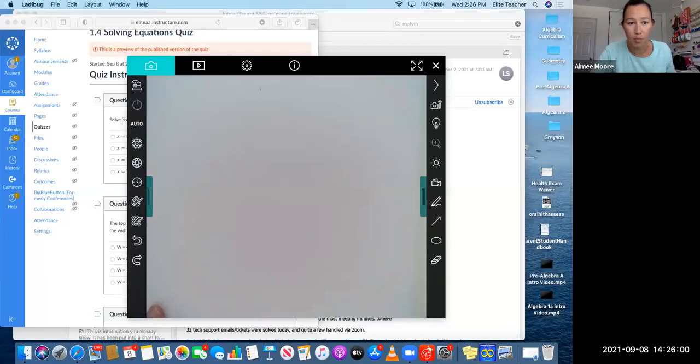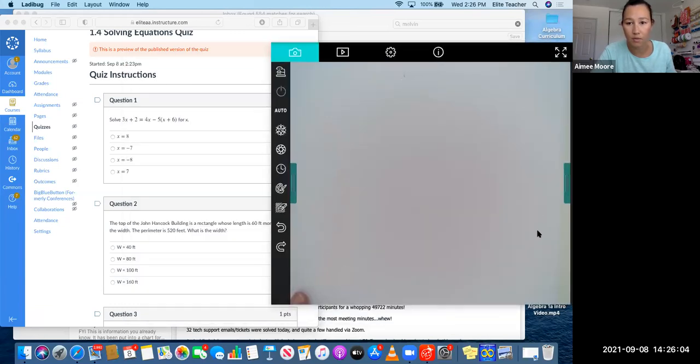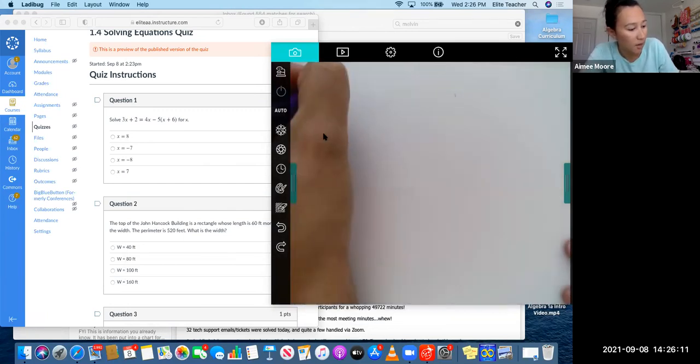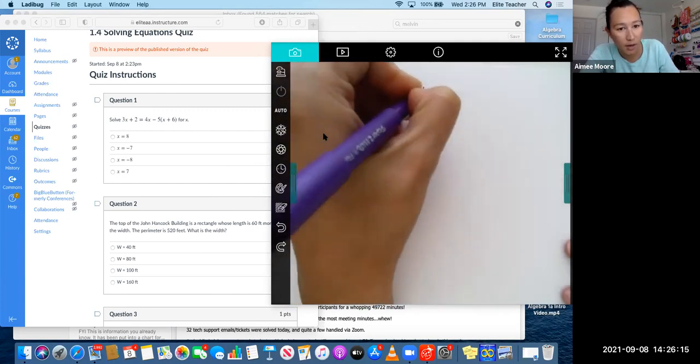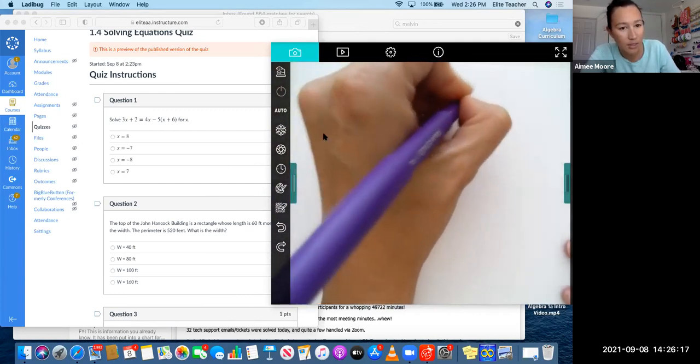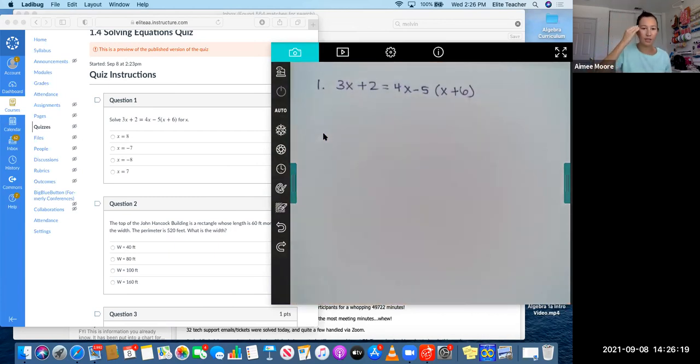Okay, so I want to show both at the same time. Okay, so for my number 1, we have 3x plus 2 equals 4x minus 5 times x plus 6. And I want us to solve for x. Okay, so what do I need to do first? What does PEMDAS say we have to do?